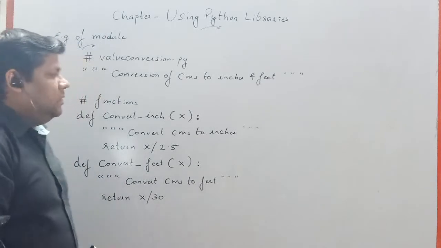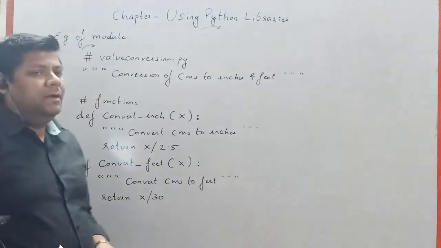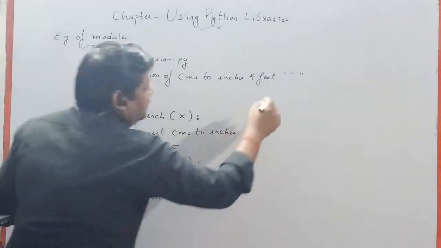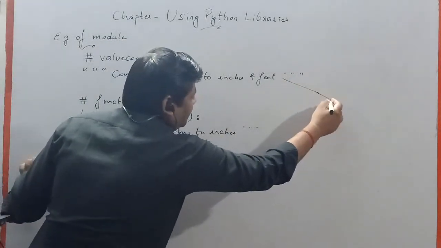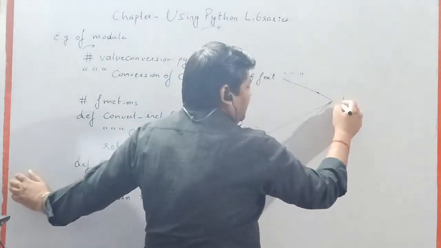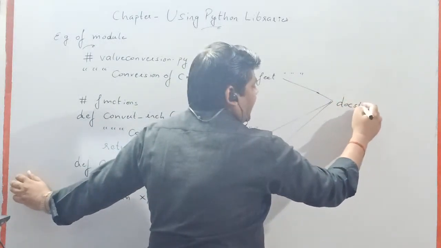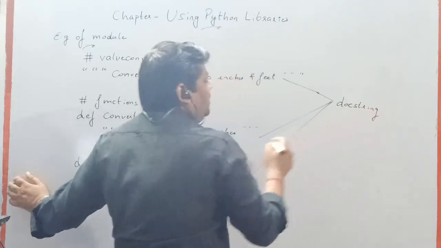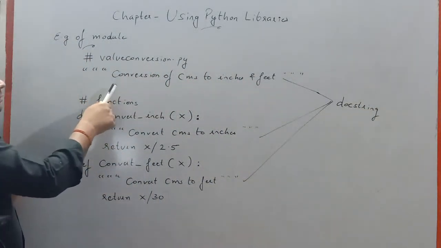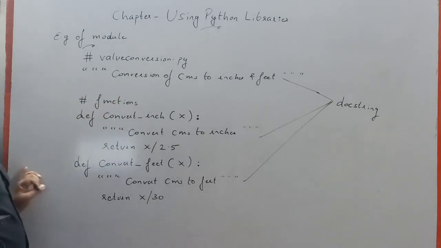So this is how we can create a Python module. In this module, as you can see, there are 3 docstrings: 1, 2, and 3. Remember the criteria for the docstring: the first letter should be capital, the second line should be blank, and from the third line you can write.